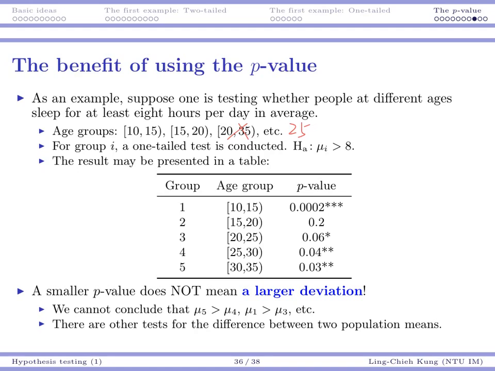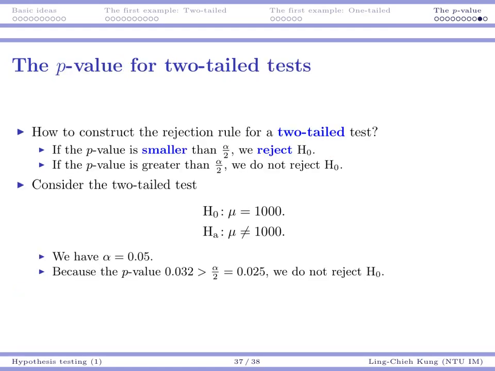That makes no sense. When we have p-values for a two-tailed test, then we don't have a direction in the null hypothesis, in the alternative hypothesis, right? So now the p-value depends on x bar and mu. If your x bar is at the left-hand side of mu, then we define the p-value as the left tail probability. Otherwise, it's the right tail probability.